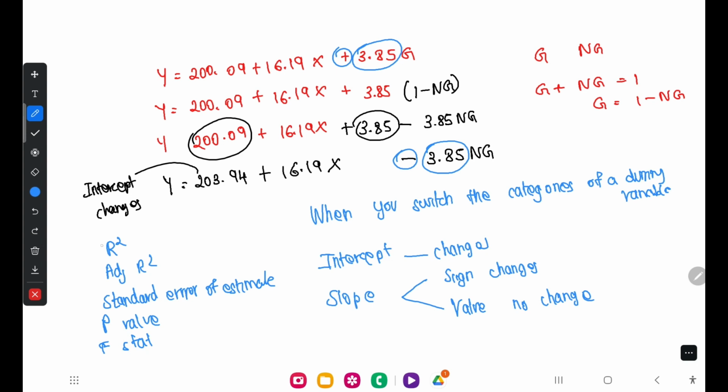Because why? There is no new information added. You're simply changing or interchanging the categories.